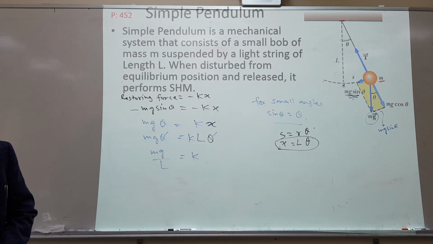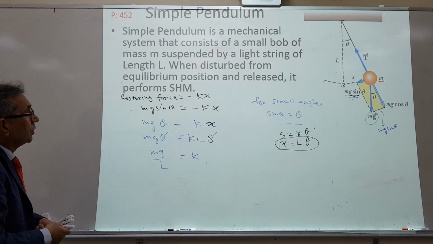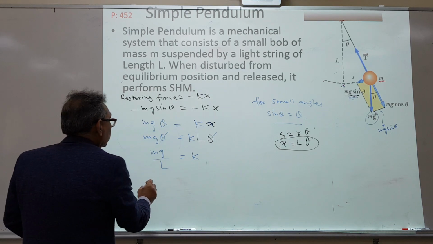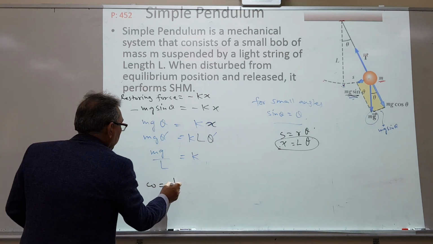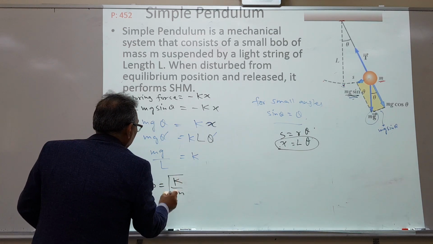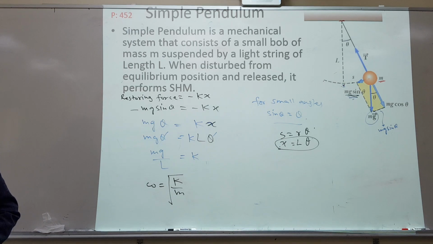Now we have omega is equal to k over m under the root.